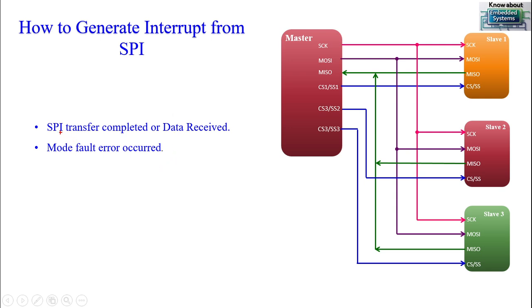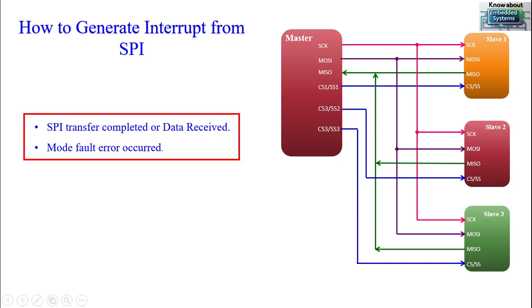So how is the SPI protocol able to generate the interrupt? There are different scenarios out there, but here I'm going to tell you two important scenarios. One is whenever the SPI master completes its transmission, or whenever the SPI master receives data.